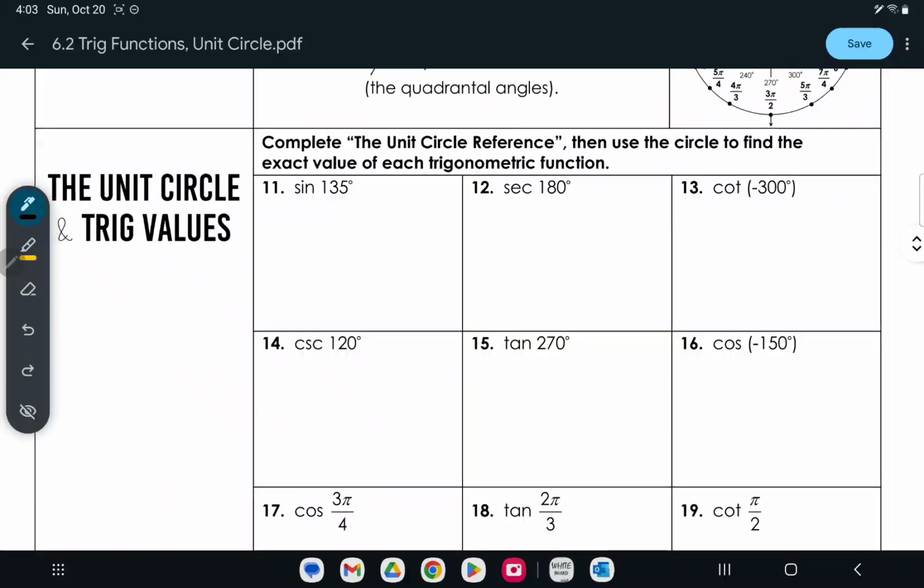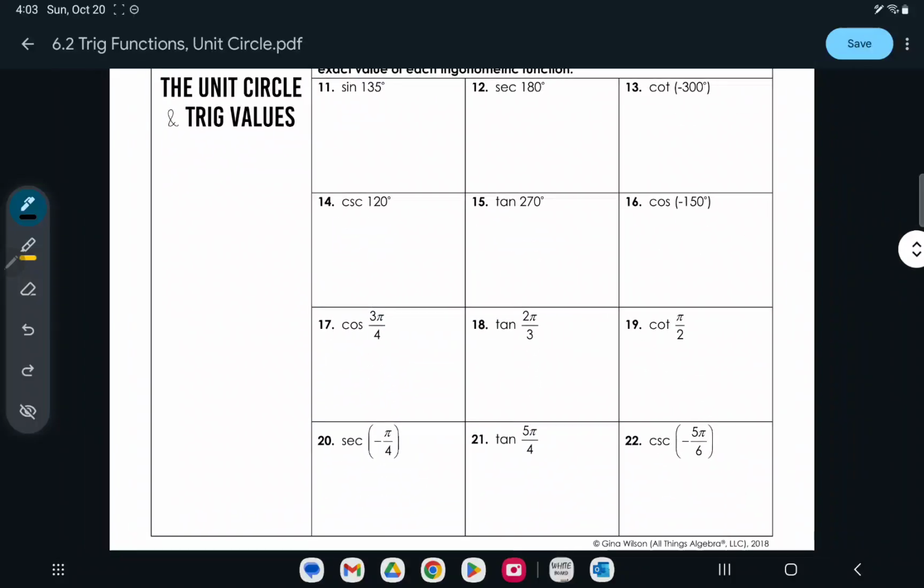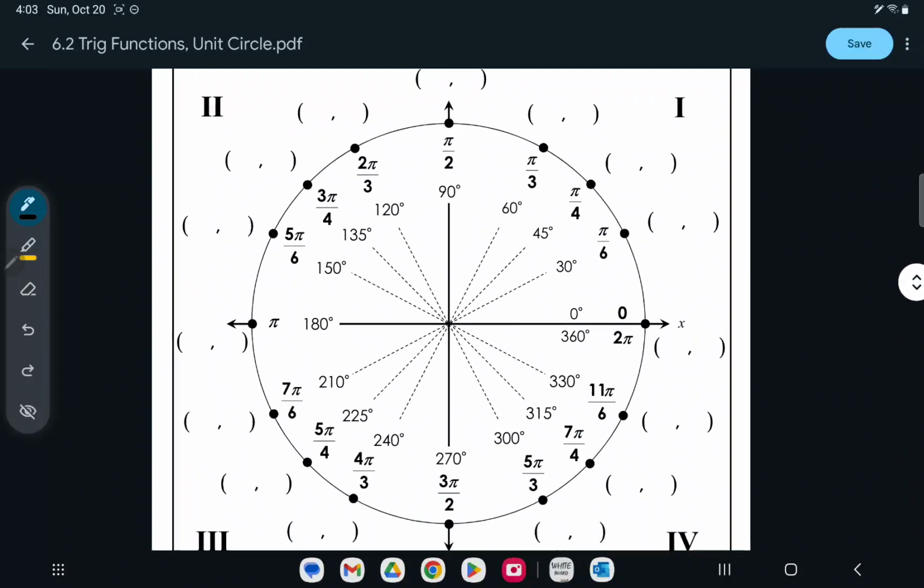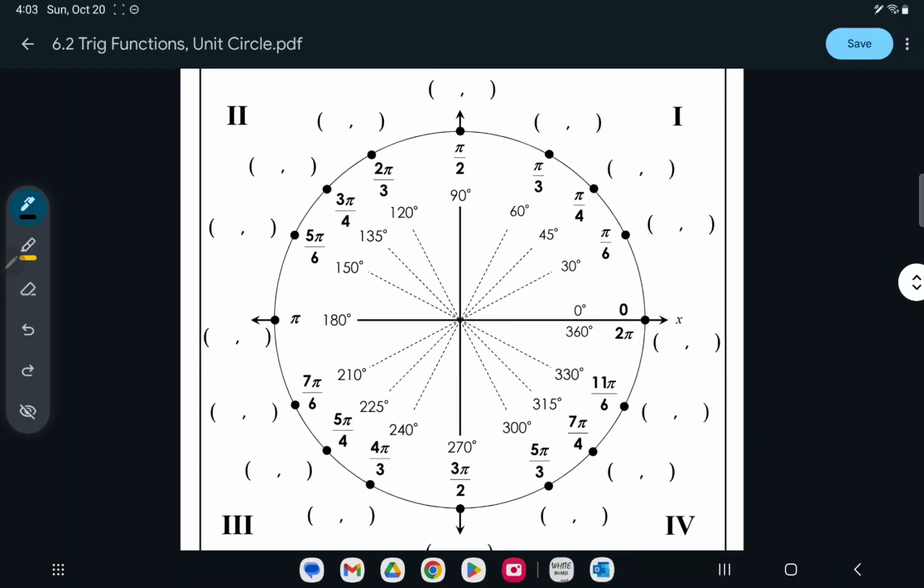Okay, so let's fill out the unit circle and then come back and use it to get all these values. So we have the degrees and we have the radians. We've already filled out in our chart earlier what the sine and cosines were for these. So I'm just going to refill them out here. So √3 over 2 and 1/2.